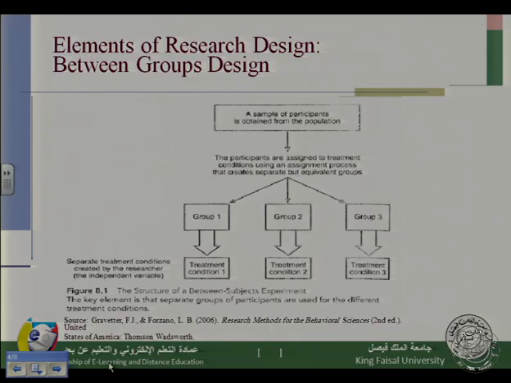These are separate treatment conditions created by the researcher, the independent variable. I mentioned the words independent variable and dependent variable in the live session, but we are going to talk about it in the next lecture. So this is just a chart showing between group designs.